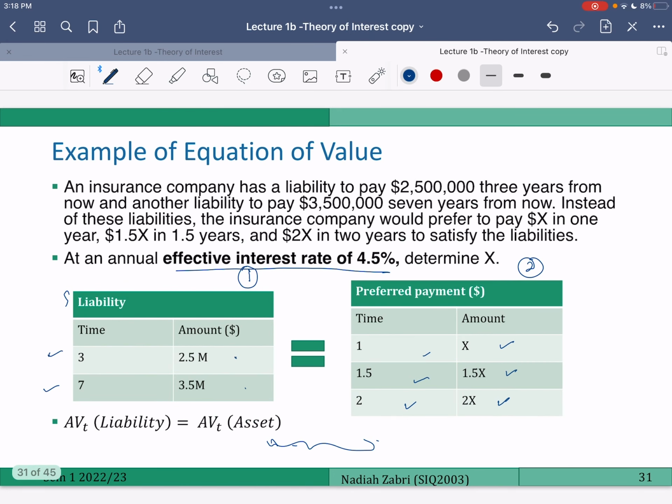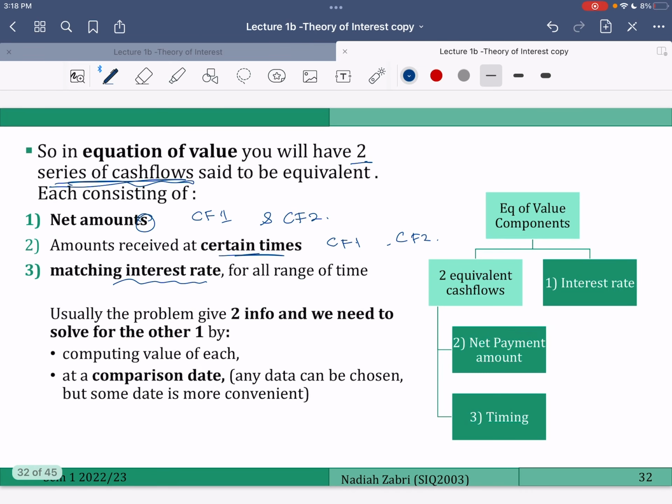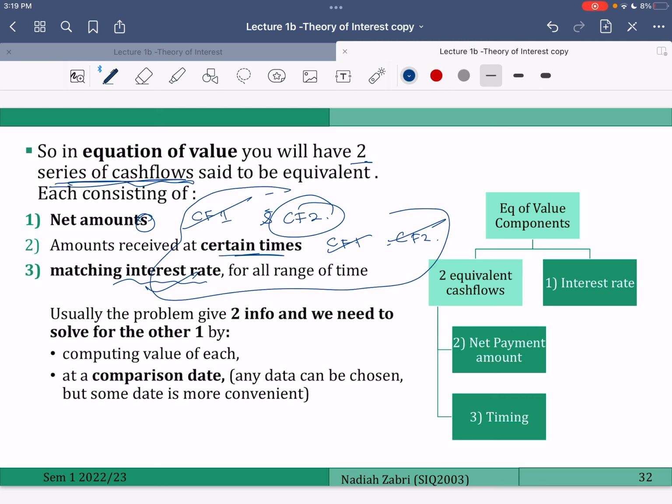For our previous example, only this part is missing. So we know the timing, we know the amounts for cash flow 1, we know the interest rate, but we don't know this. So usually in an interest problem, you have the other information but not one of them, so you need to solve for the missing information.